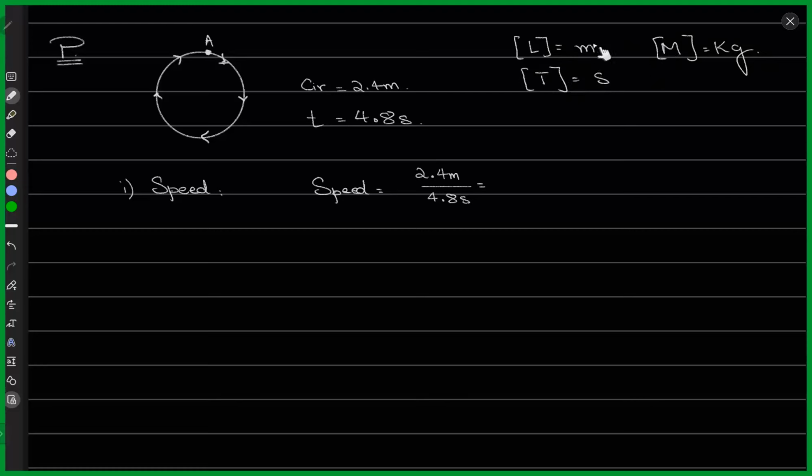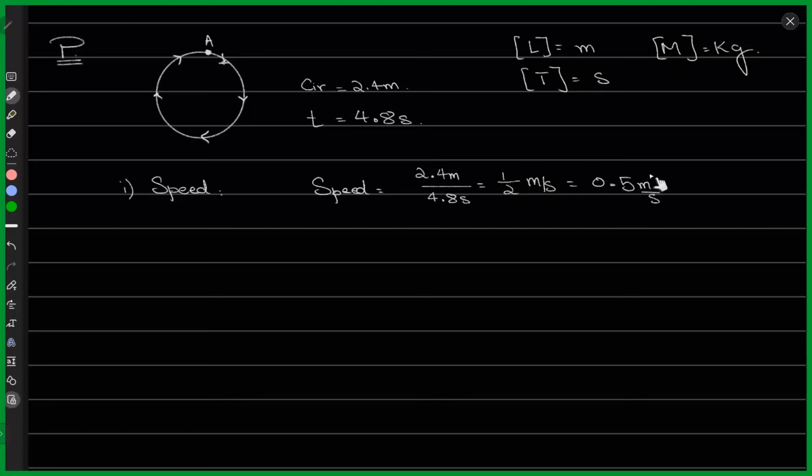So just remember that these are the SI units for all of these, right? So if I do this, it will give me 1/2 meters per second, which is 0.5 meters per second.